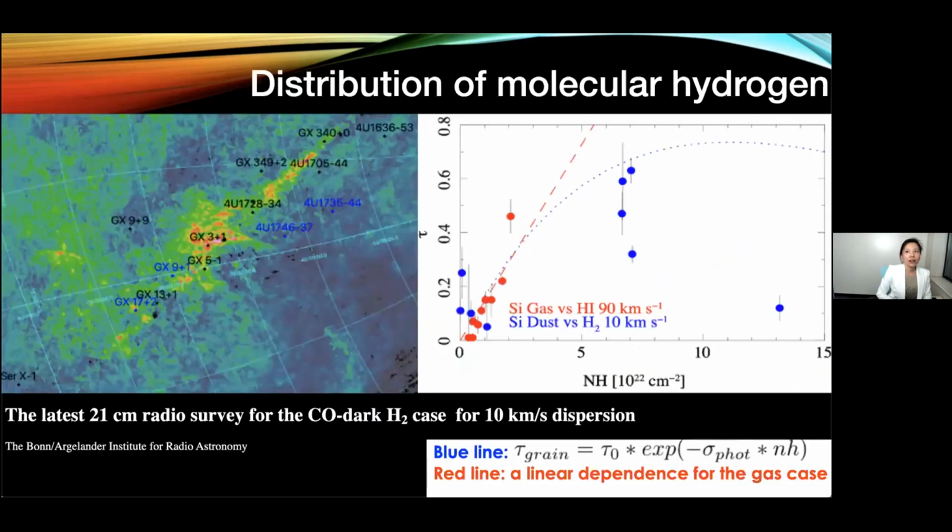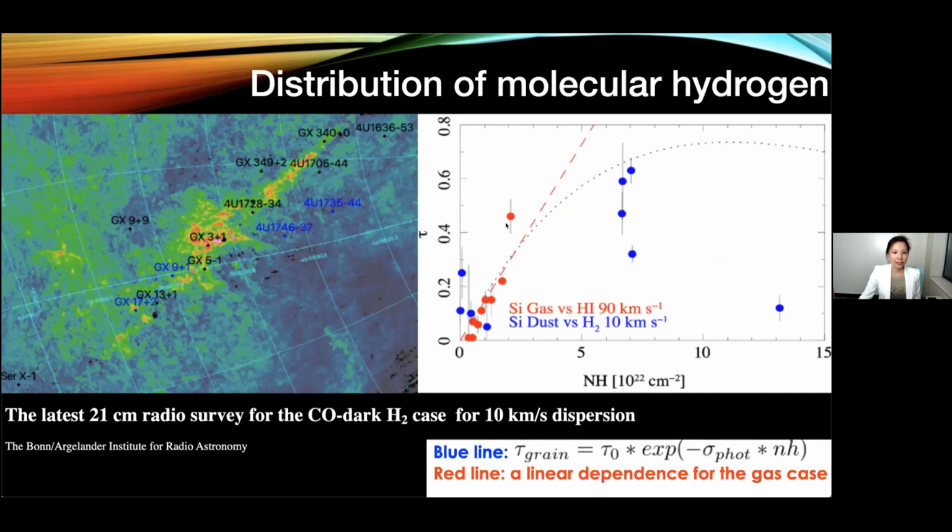At the end, we compare our results with the latest 21 centimeter radio survey for the carbon monoxide H2 case for 10 kilometers per second. On the left, the background is a radio survey, and this shows the location of each source in our current silicon survey. On the right, we plot the optical depths as a function of the molecular hydrogen ratio.